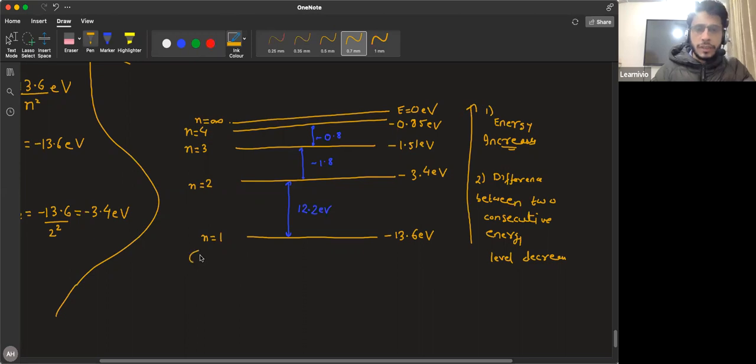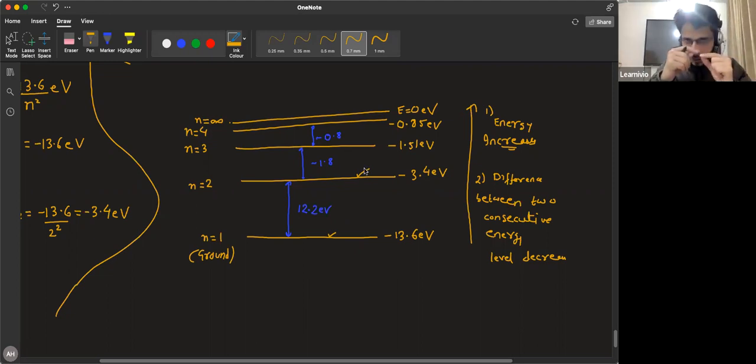That's why we call n equal to 1 the ground state. This is the minimum value. The next higher value is minus 3.4. There is no value in between minus 13.6 and minus 3.4. That means the electron will either have this energy or that energy. The electron cannot have energy in between these two energy levels. After 3.4, the electron will have 1.51 electron volt.